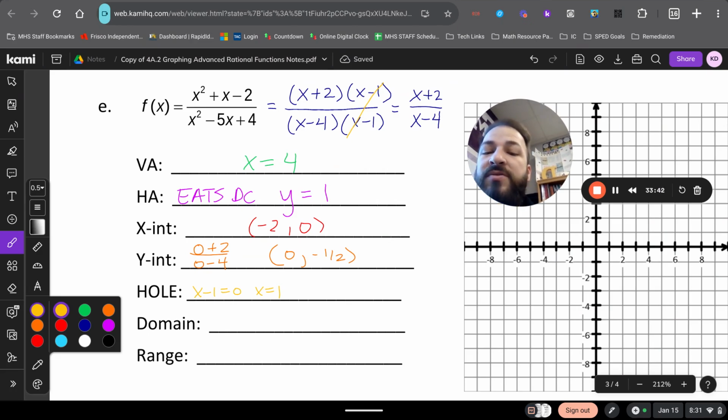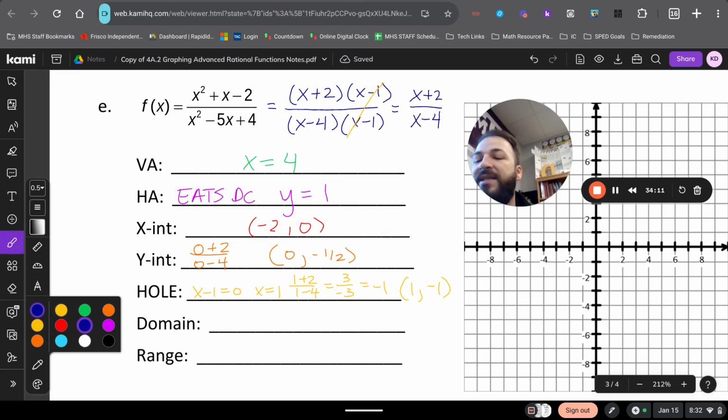So 1 plus 2 over 1 minus 4 gives us 3 over negative 3, which gives us negative 1. So our hole is at 1 comma negative 1. The x value for the hole comes from the canceled out factor set equal to 0, and the y value comes from taking that x value and plugging it back into the function.